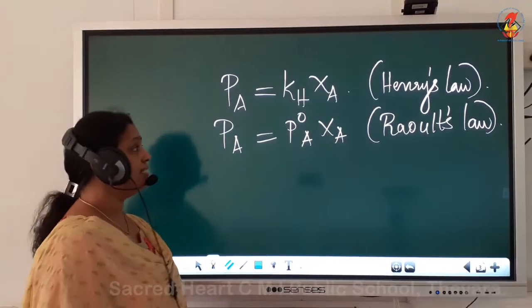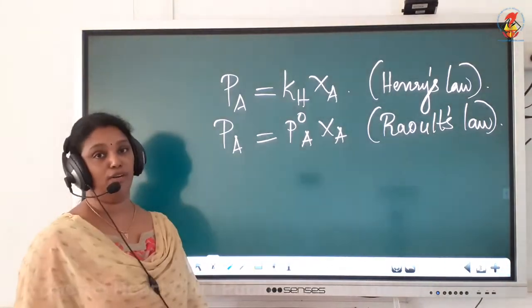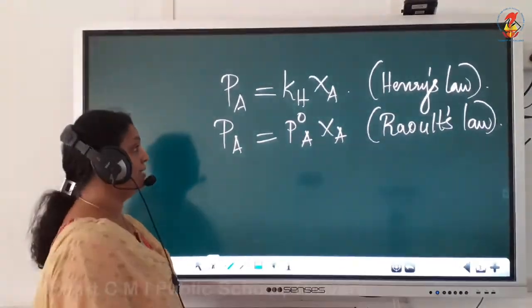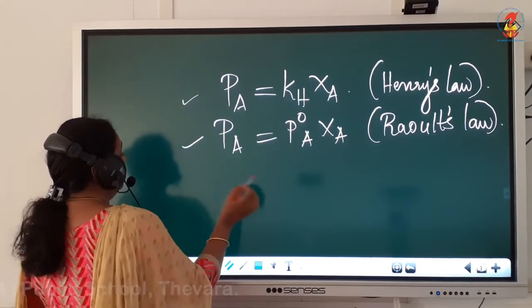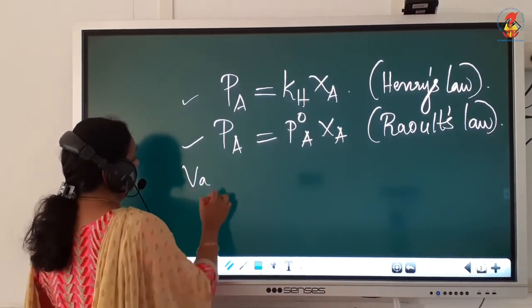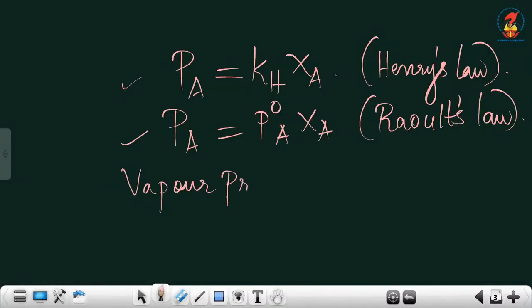Now, what is the similarity between Henry's law and Raoult's law? In both cases, the vapor pressure is directly proportional to mole fraction.